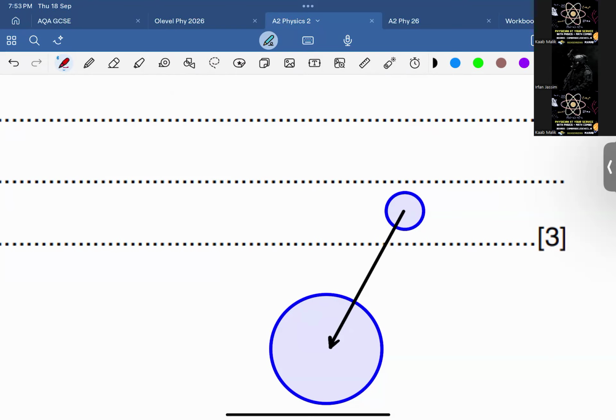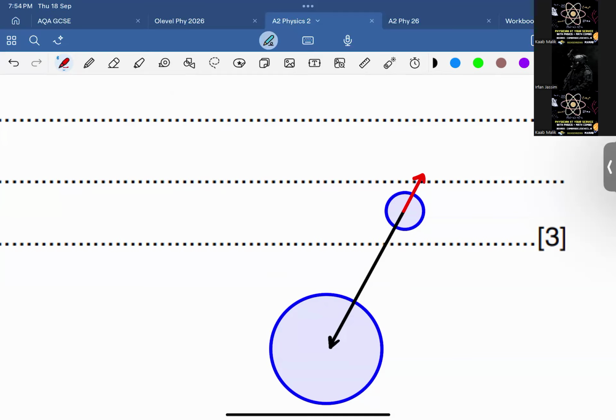And this is the contact force, which arises when the person makes contact with the floor of the satellite. So if the weight becomes equal to the normal reaction force, then the contact force is going to be zero, right? Is that clear?